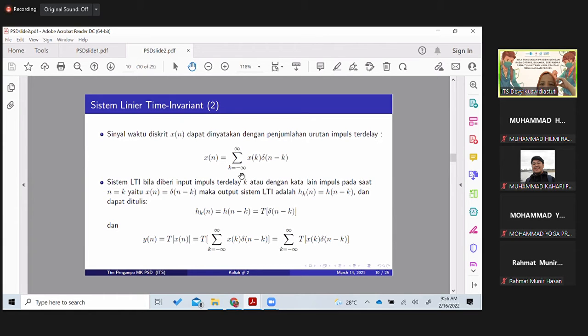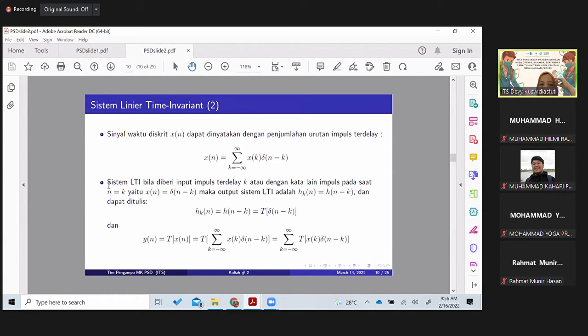It is a summation of x[k] times δ[n-k], which is a shifted unit impulse, and x[k] is a number where k ranges from minus infinity to infinity.